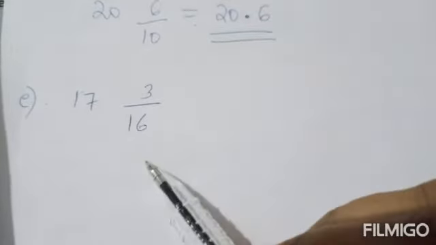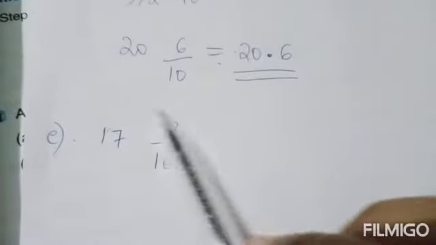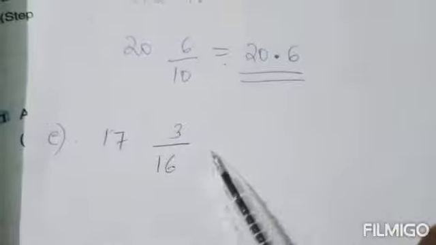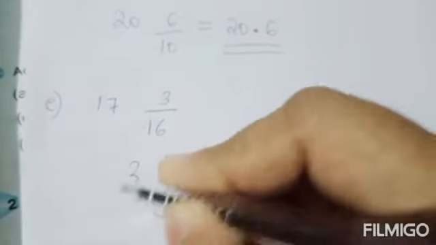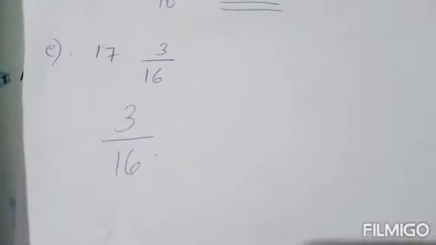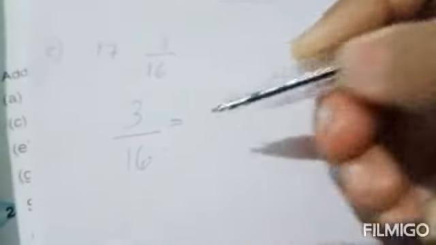Next E, 17 3 by 16. So in this also a mixed fraction is given. So 17 is the whole number and 3 by 16 is the fraction. Make the denominator of the fraction either equal to 10 or 100 or 1000 or 10,000, etc., whichever is possible.